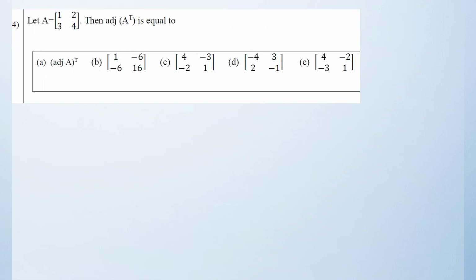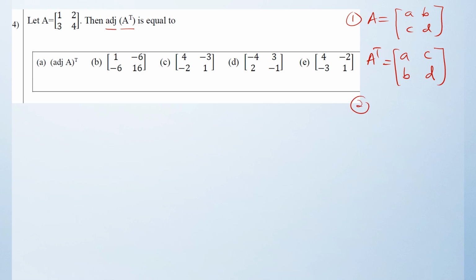Question number 4. We have a 2 by 2 matrix, asking for the adjoint of its transpose. You know how to get the transpose. If you have a matrix capital A as a, b, c, d, its transpose is given by interchanging rows and columns. So the first row will be the first column, and the second row will be the second column.